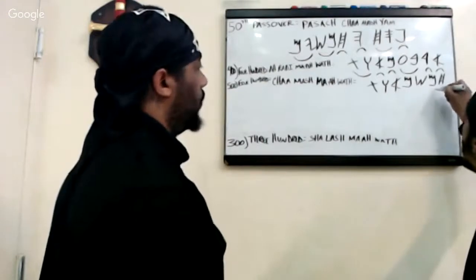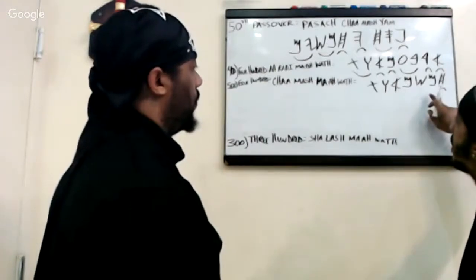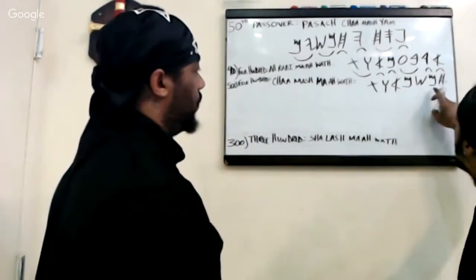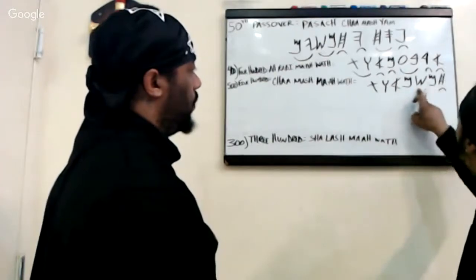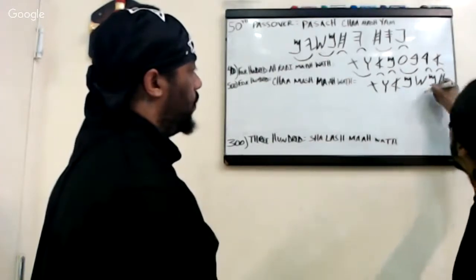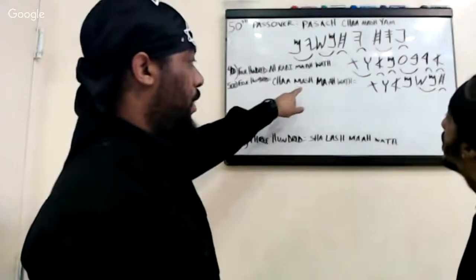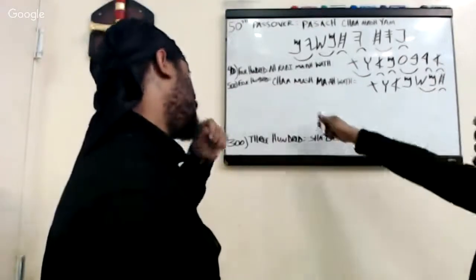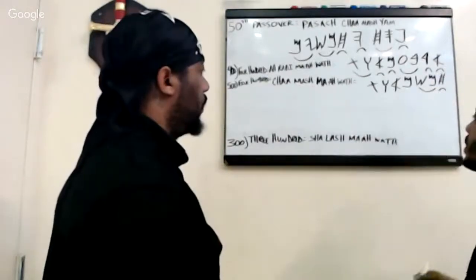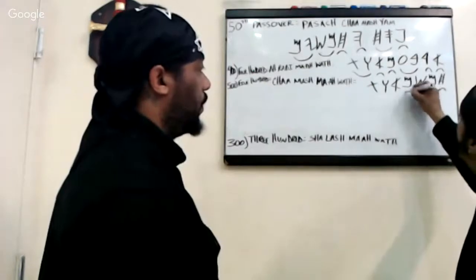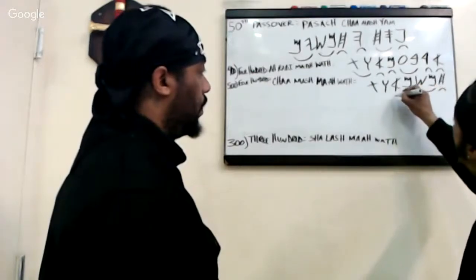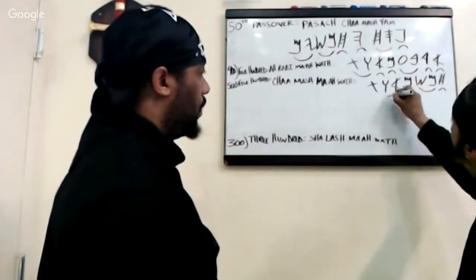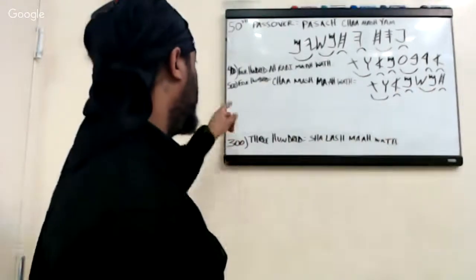Mhm. Why are we connecting the Ma and the Sha? Because there's no A in the sha. Right. That's 600.